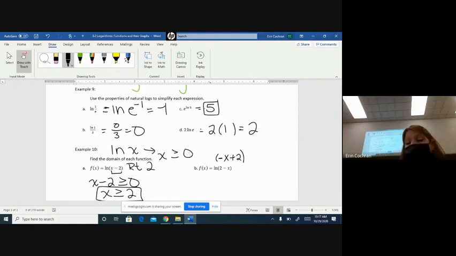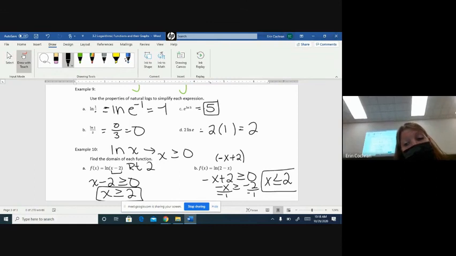So when we set that greater than 0, what do you think is going to happen here? Because we're getting reflected, what's going to happen to that inequality sign? It's going to flip, right? Because when I subtract the 2 over, then what do I have to do? Divide by that negative 1, correct? So x would have to be less than what? 2. Okay, so that negative actually reflects it, which means my inequality sign is also going to be changed.